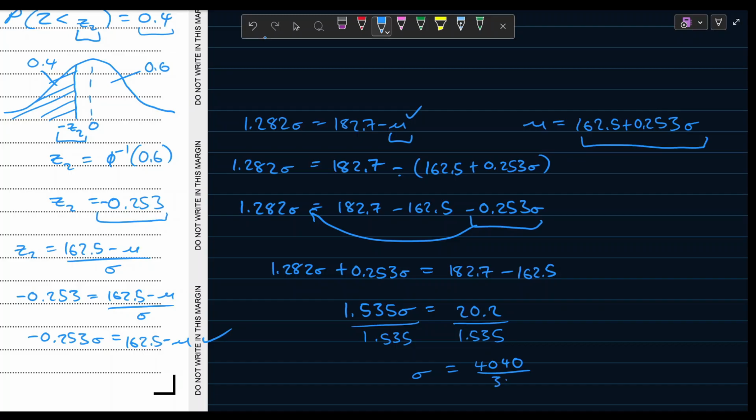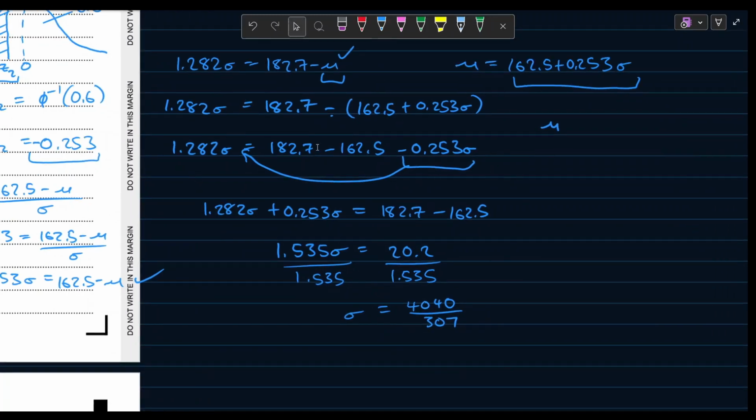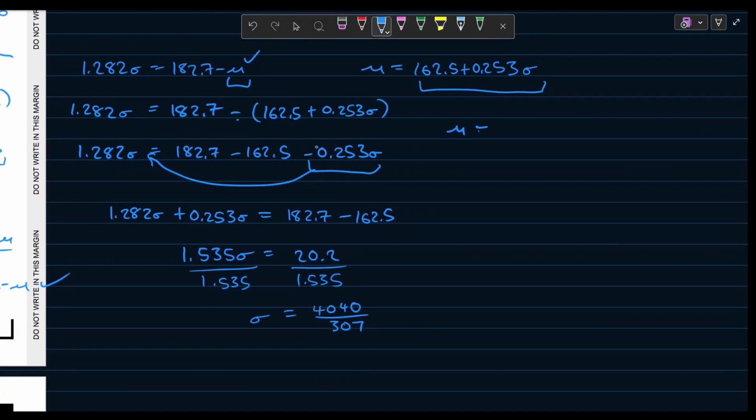40 over 307. So that means mu would be 162.5 plus 0.253 multiplied by 4040 over 307. So mu is equal to 162.5 plus 0.253 multiplied by 4040 over 307.